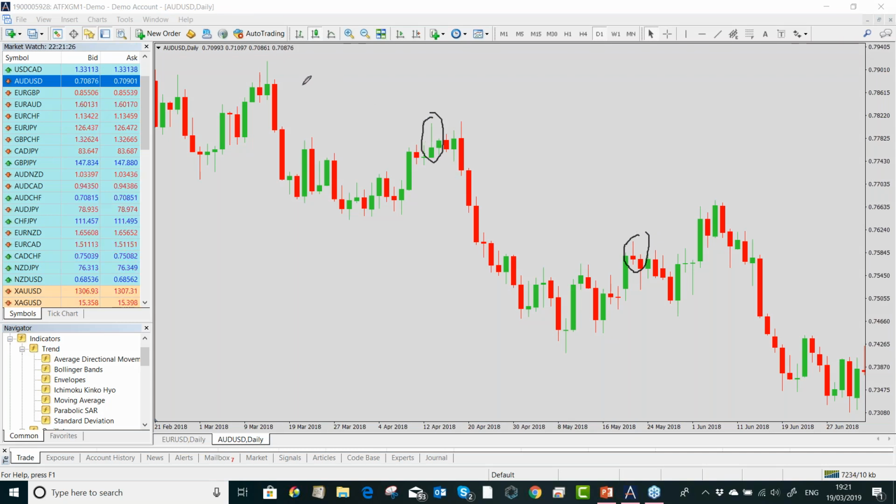Another one here. And another one here. Mouse not working very well today. Apologies for that. So that's an example of a candlestick pattern.